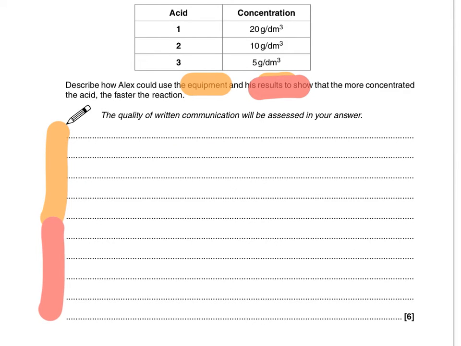So for the equipment and method, would we want to be thinking about writing a little basic method? So what you could do, oops, should be in yellow. So we're talking about things like measuring gas produced, or volume of gas produced, in a set time.